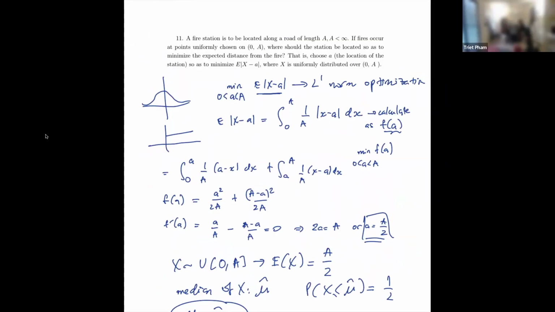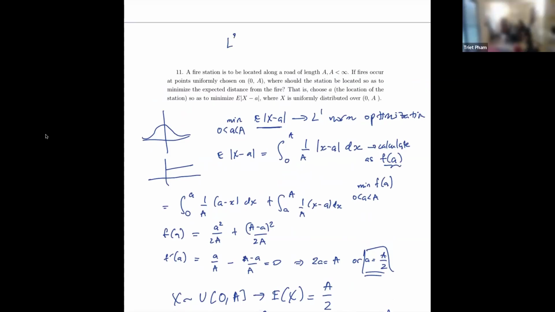But if you ever look into any of those things, the most popular norm used, by no means the best, it's just the most commonly used, is the L2 norm, which is the expectation of (x minus a) squared.